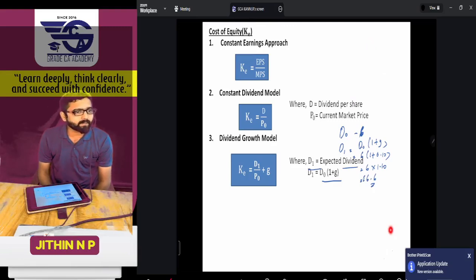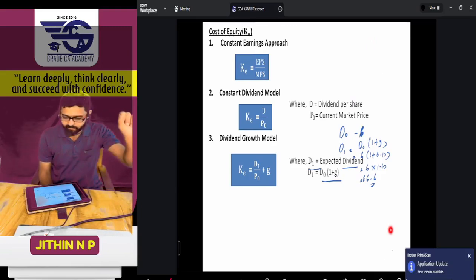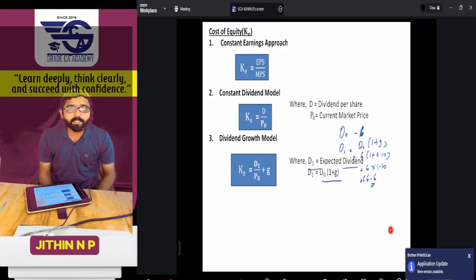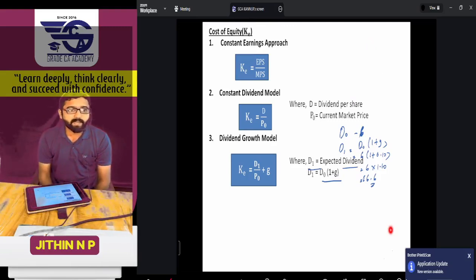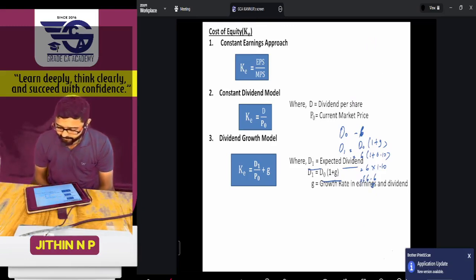D0 is the current or previous dividend paid. If the question gives you a dividend paid of 6 rupees, then consider it as D0. Suppose the question gives you an expected dividend of 6 rupees, then consider D1 as 6. Clear?